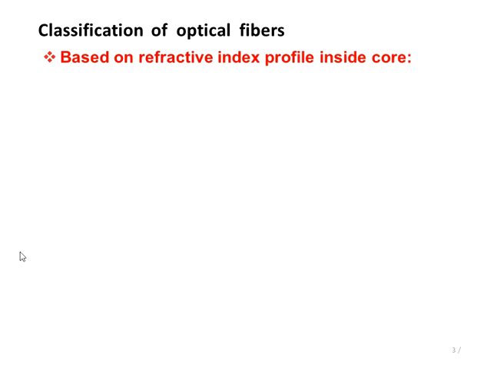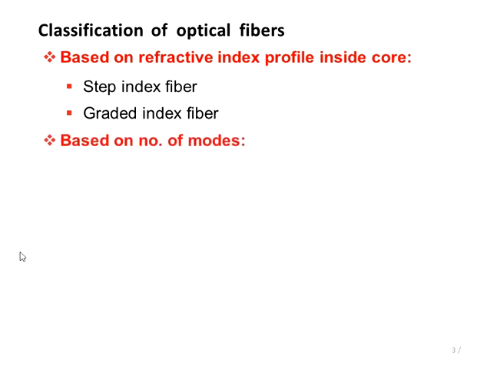That means how the refractive index varies inside the fiber core is called the refractive index profile. Depending on that, we have two types: step index fiber and graded index fiber. Then based on the number of modes, we can classify fiber as single mode and multi-mode fiber.